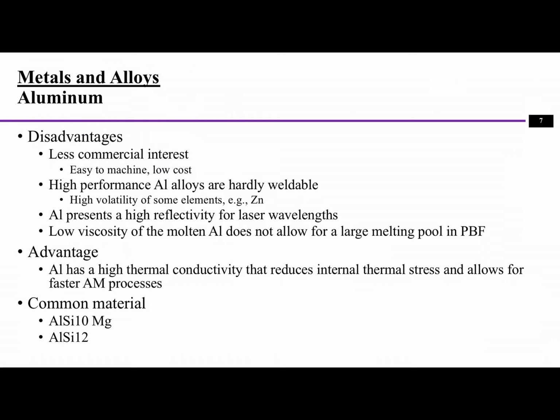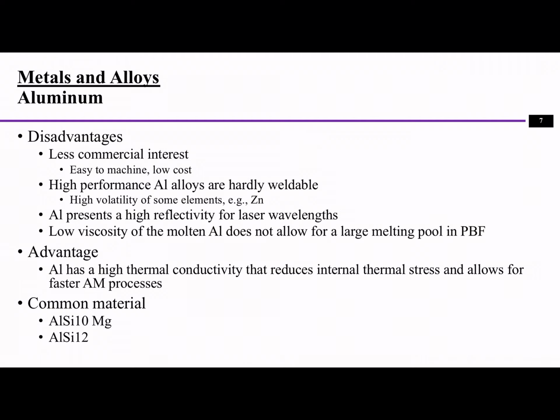And another reason is, aluminum alloys are a little bit hard to weld. So if you want to make modification of the shape and also the process, it might create a little bit of barrier. And also, when we created the metal powders, right? We'll have to use lasers to sinter them or melt them. But for aluminum, because it has really high reflectivity, it makes the laser waves a little bit hard to be absorbed.